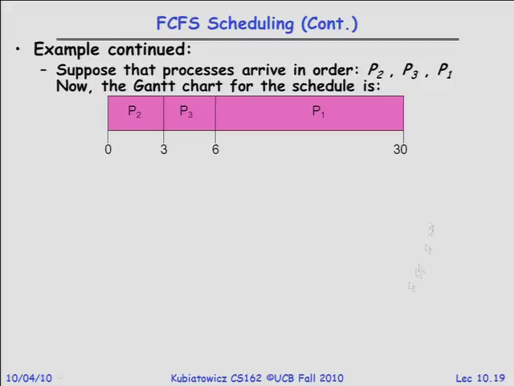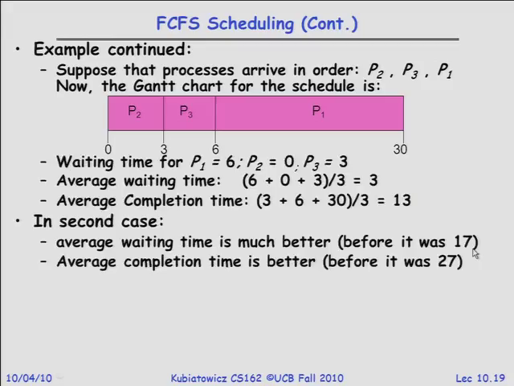But the distribution is very different. And now you can actually see that the average waiting time is 3 and the average completion time is 13. So people are happier. The average waiting time is much better: here it's 3, before it was 17. Average completion time is 13 versus 27. So we seem to have improved quite a bit in our metrics just by reordering the processes.